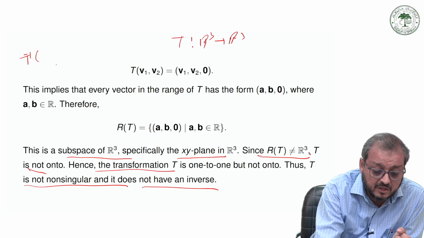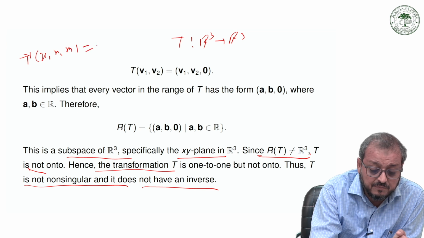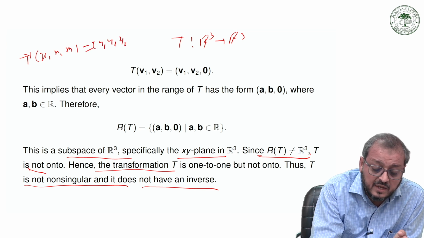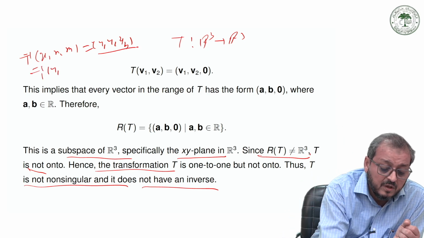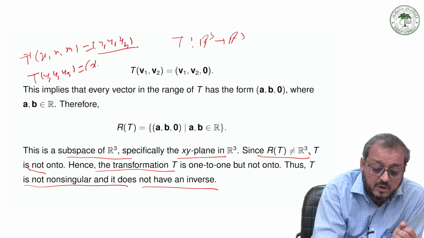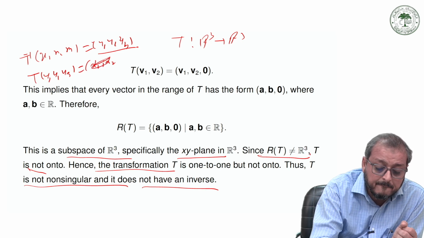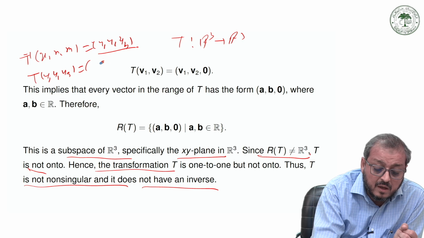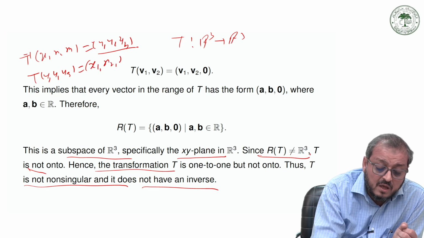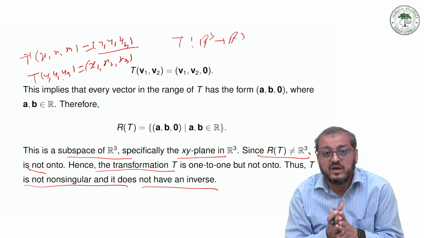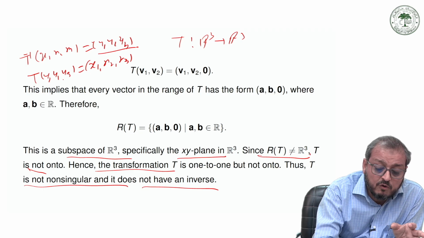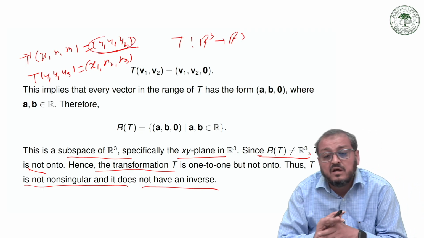We take (x1, x2, x3) equal to T of some (y1, y2, y3), so that y equals T inverse of x. Then we find the values of y1, y2, y3 in terms of x1, x2, x3, and substitute them. Then we get the inverse linear transformation.